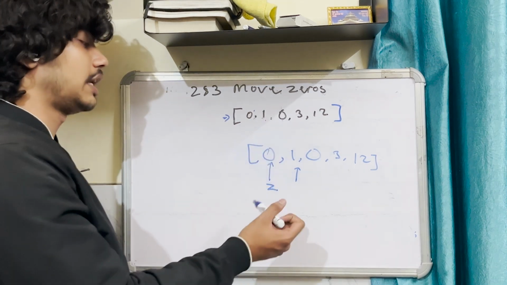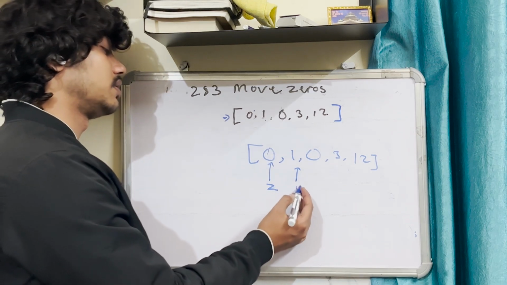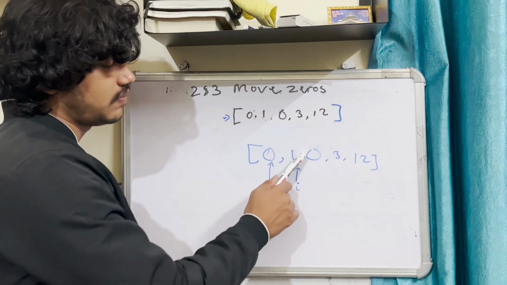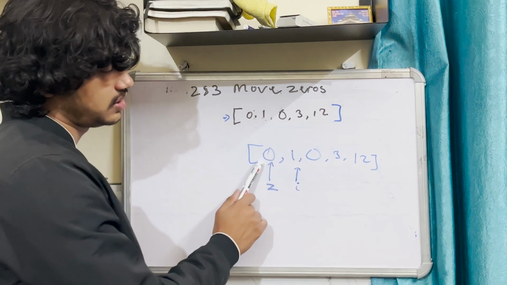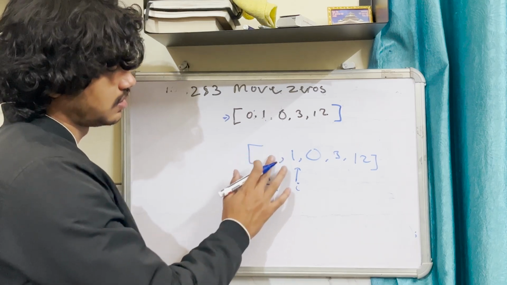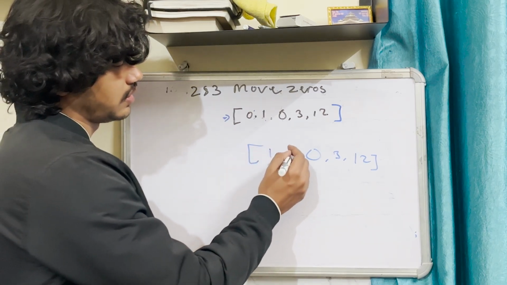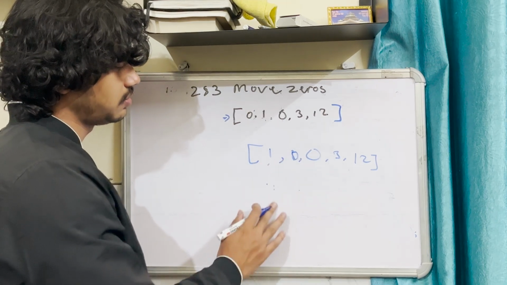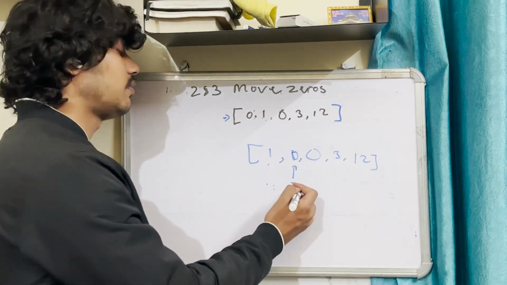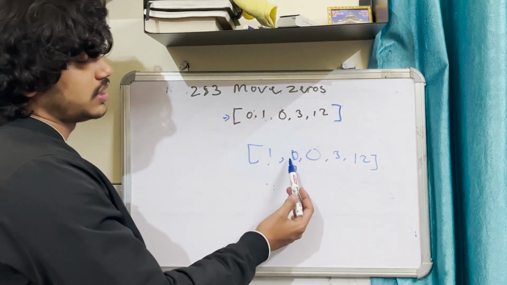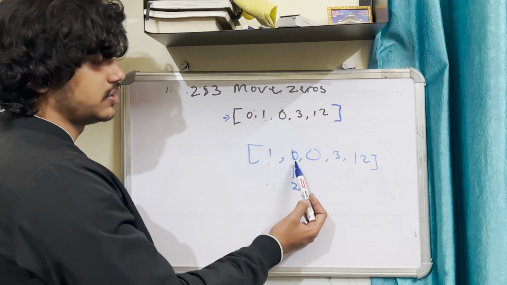Our pointer is here, for example. You put the first non-zero element at this z position. So you transfer 1 here, and the 0 here. Then you update your z to this position. z will be pointing to the position where you have 0.